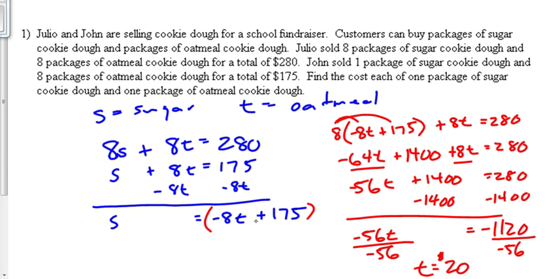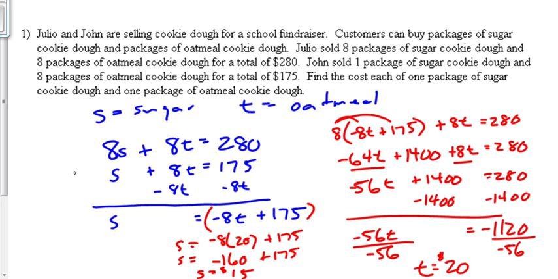Now we need to plug that in here. So I'm going to go with -8 times 20 plus 175. 8 times 20 is 160, so -160 plus 175. And so therefore, I can keep bringing the S down. S equals, and therefore S is going to equal $15.